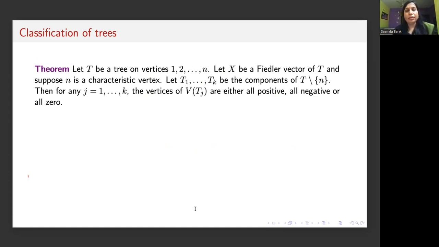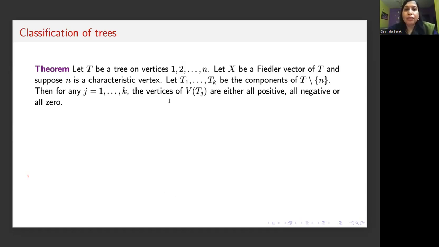Now, this theorem says: you take a tree and consider a Fiedler vector, and let's say it has 0 coordinates. And I'm assuming that n is a characteristic vertex, the last vertex. You can always change your ordering, so without loss of generality, n is one characteristic vertex.